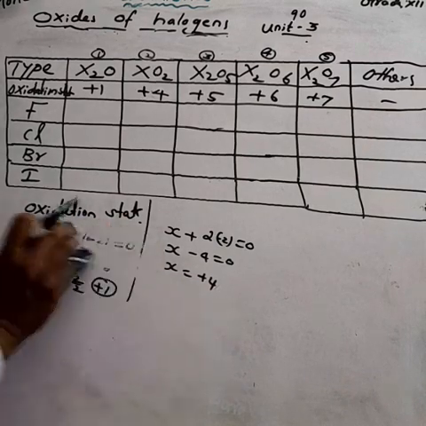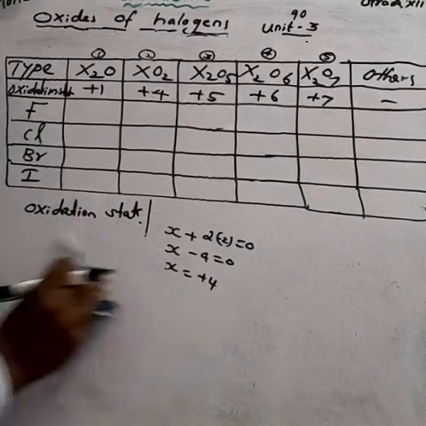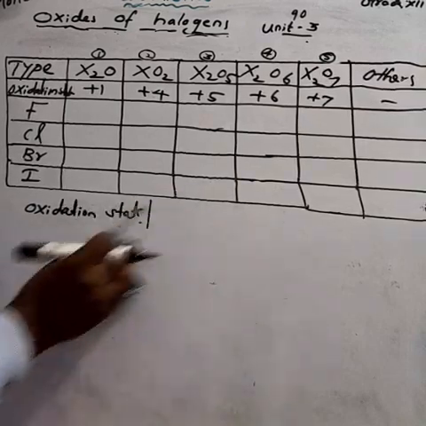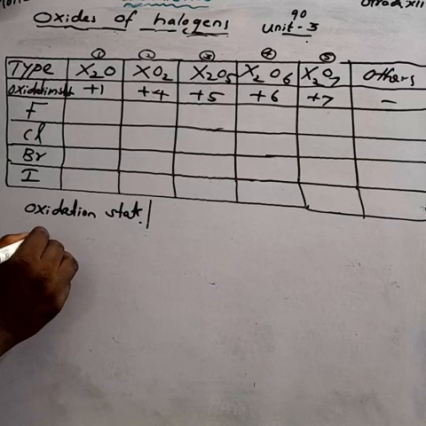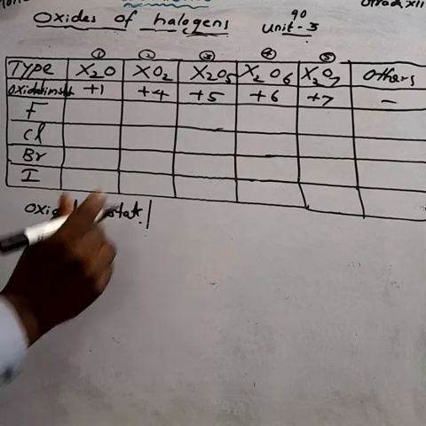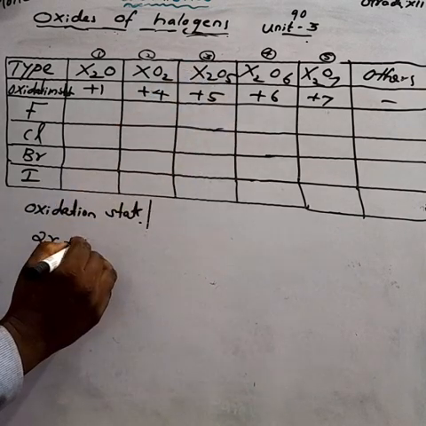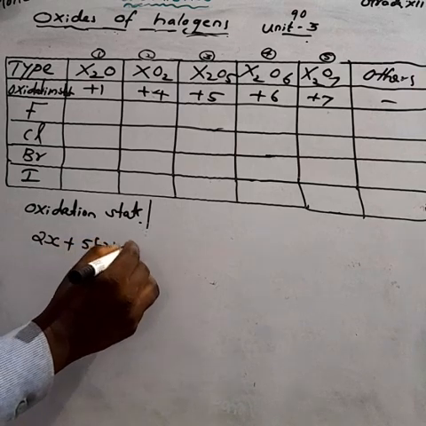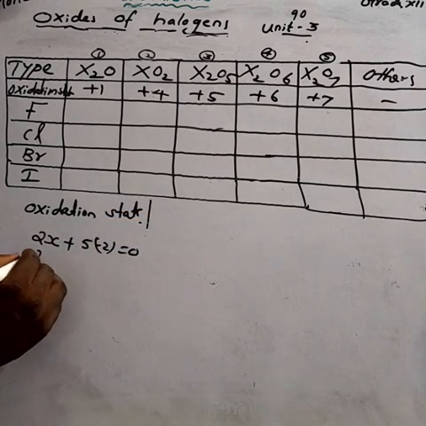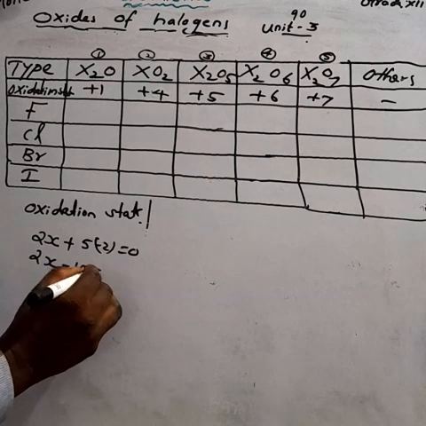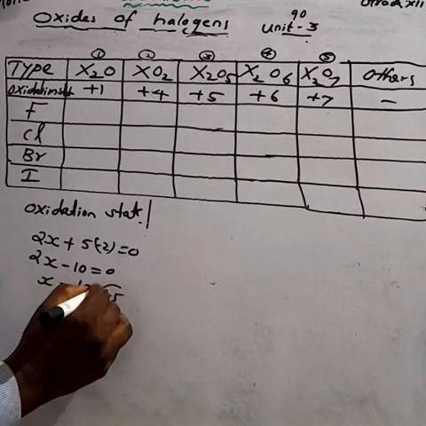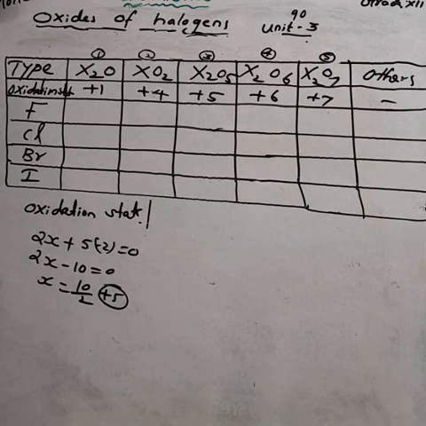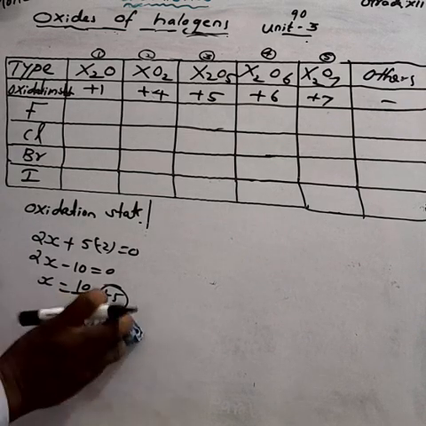What about X2O5? 2x plus 5 into minus 2 equal to 0, because oxygen has minus 2. So 2x minus 10 is equal to 0. X is equal to 10 by 2. X is equal to plus 5 oxidation state.